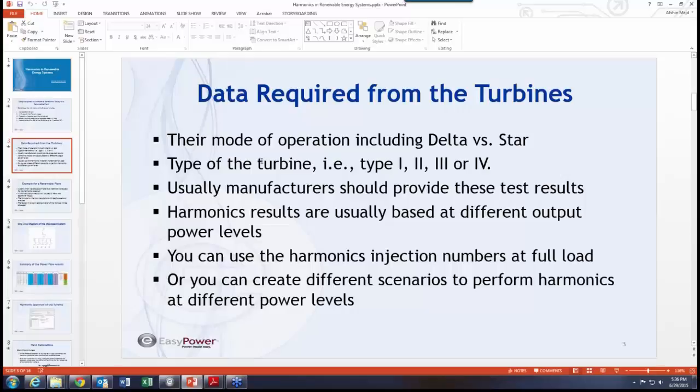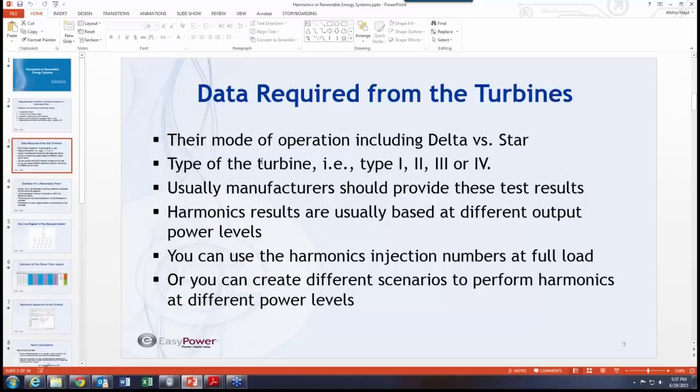One difficult, or maybe different, point about harmonic studies is that on a lot of occasions you would get data sheets from the manufacturer whose data are different from what you test and measure in the field, and you have to find a good approach and use the type of data which are more reliable.